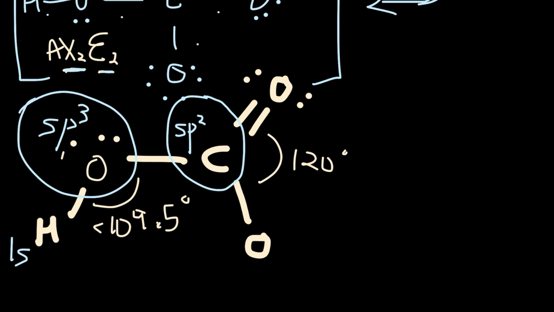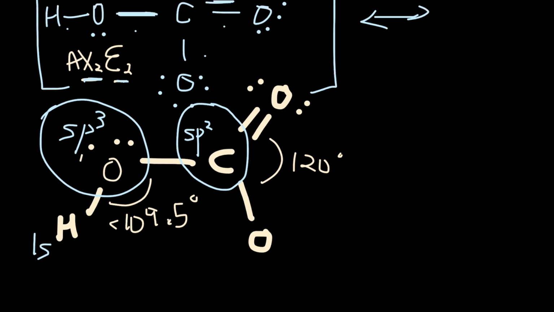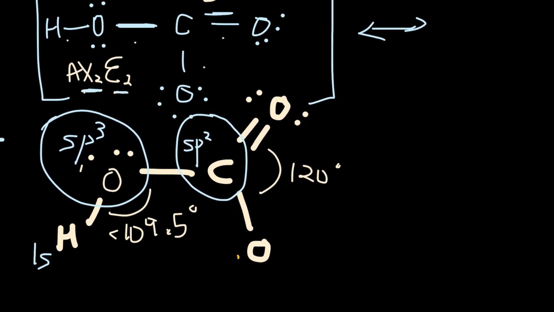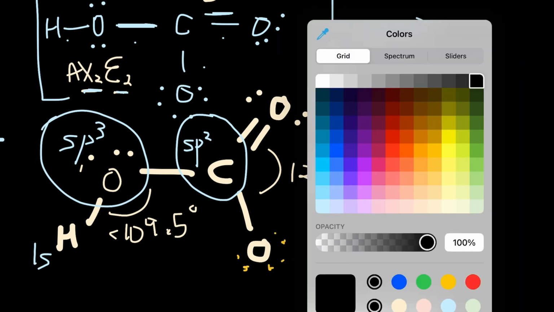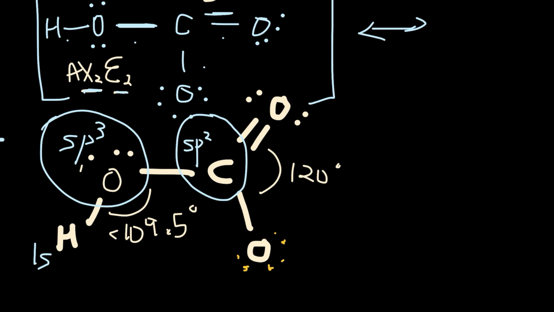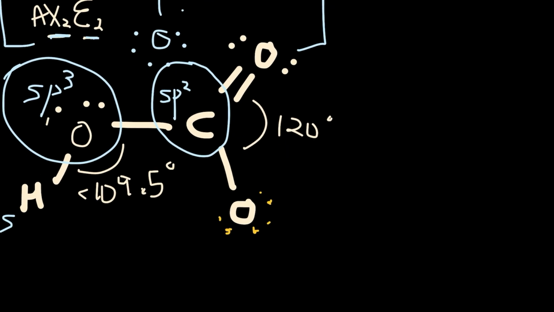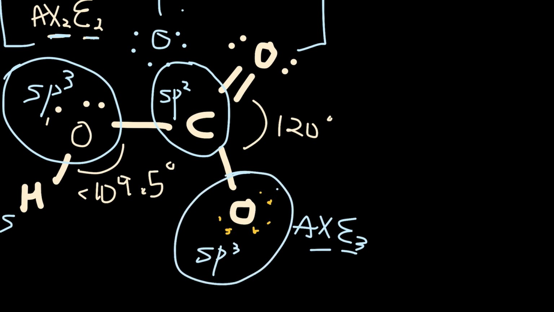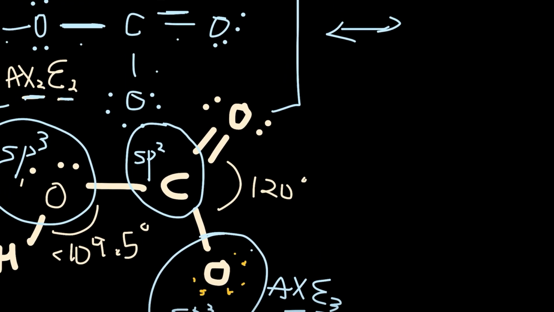Now this oxygen, I need to add its lone pairs. It has AX1 and E3. For 4, we need 4 hybrid orbitals: s1 plus p3, 1 plus 3 makes 4.